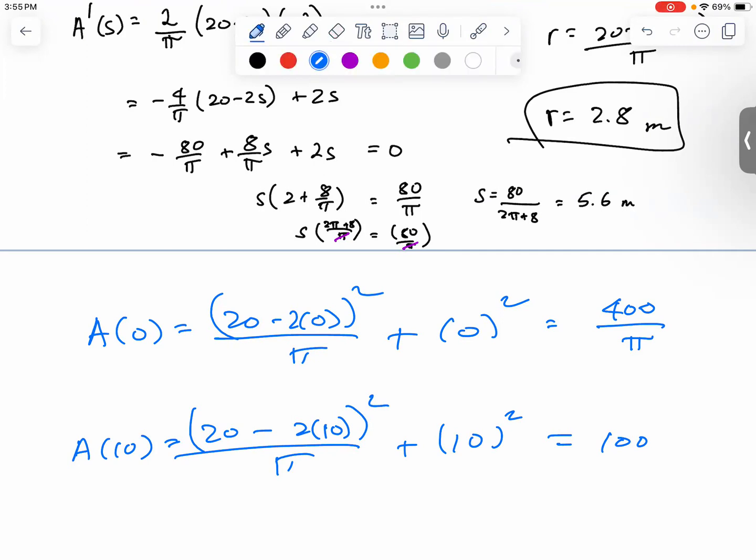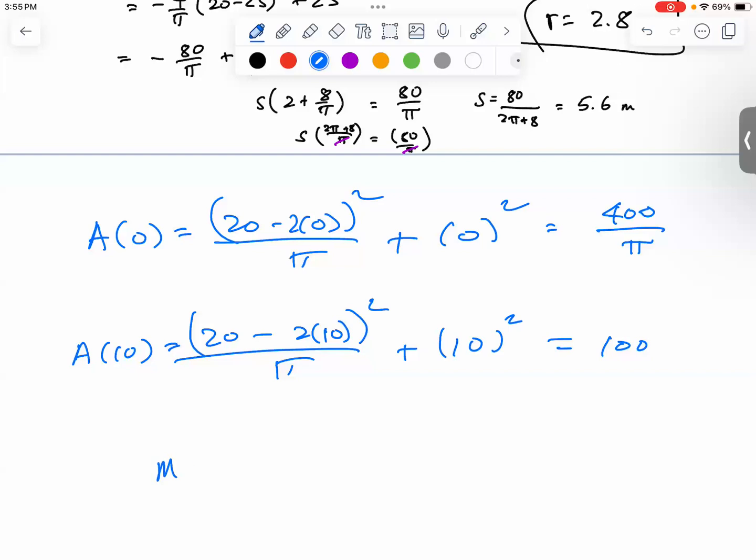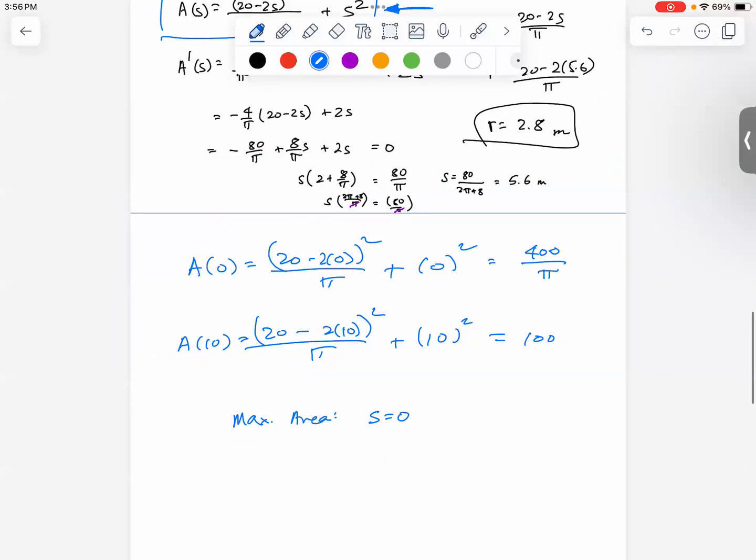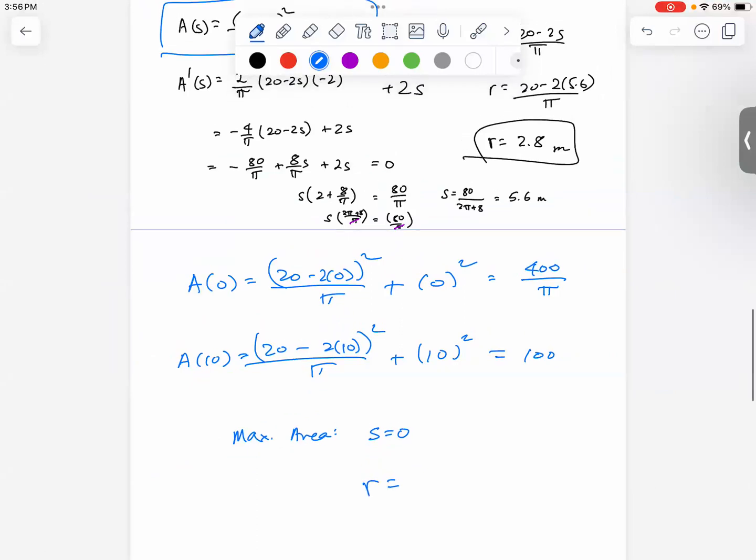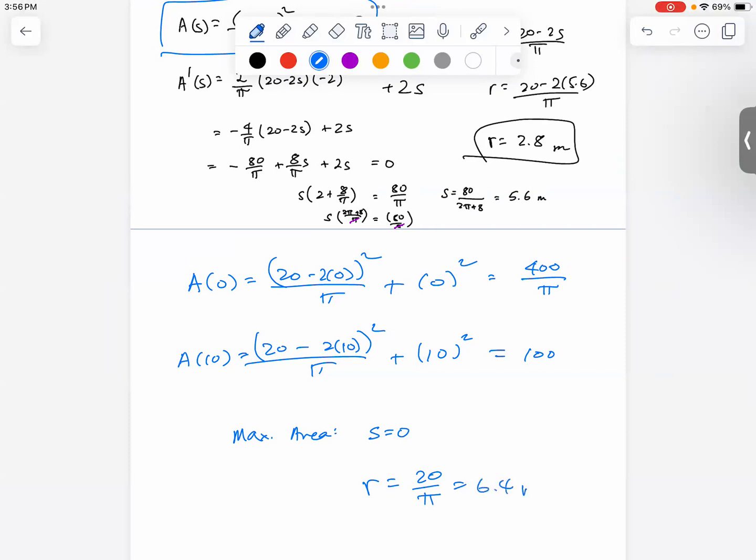So that's how we know that the maximum area is achieved when the side length is equal to 0. And if the side length is equal to 0, then you can go ahead and find out the radius. The radius would simply be 20 over pi, which is 6.4 meters.